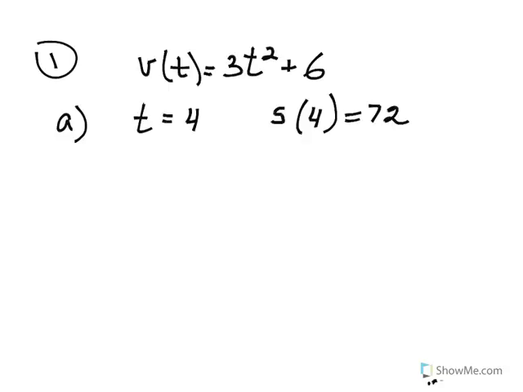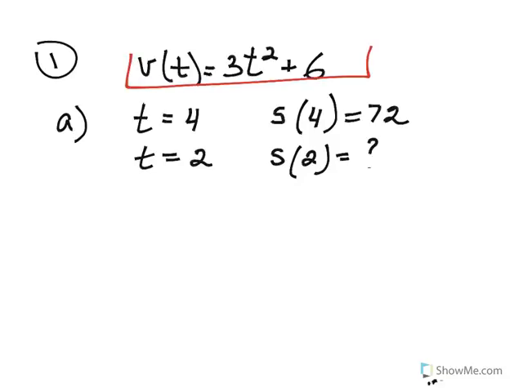Now, they're asking you, what's the position when t equals 2? So they want you to find s of 2. Since the velocity is given, and you need to find the position, then of course we're going to integrate. So we're going to say the integral, and the boundaries are 2 and 4, of v of t dt.